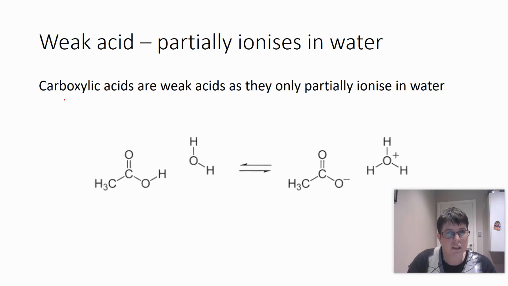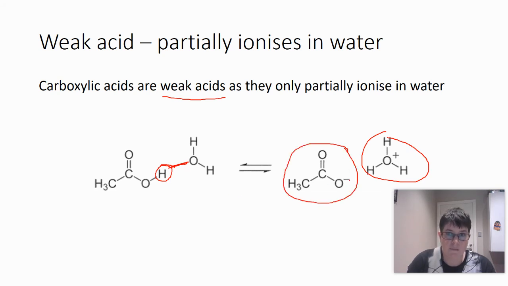When carboxylic acids are in water, they are weak acids. So they are proton donors. They lose this proton here, which is a hydrogen ion. That hydrogen ion is going to form a bond with this oxygen and form this hydronium ion, H3O+. And therefore, it's going to leave this as a negative ion.